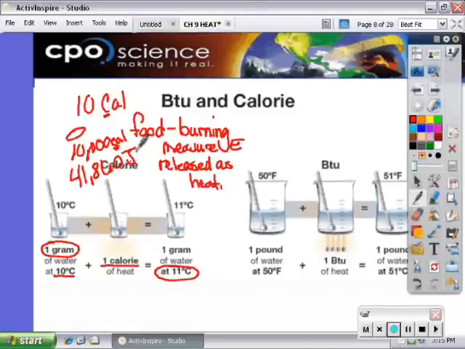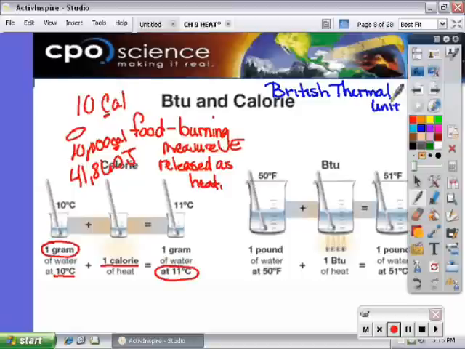A BTU is called a British thermal unit. This is referencing basically things that are combustible. It's a measure of heat by burning any material. So combustible means that it's being able to be burnt. So combustible materials.